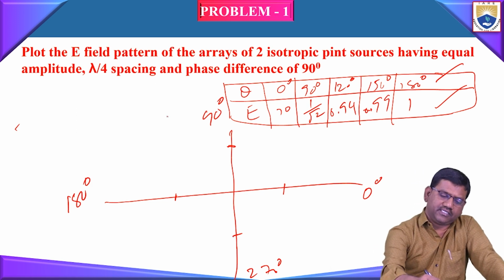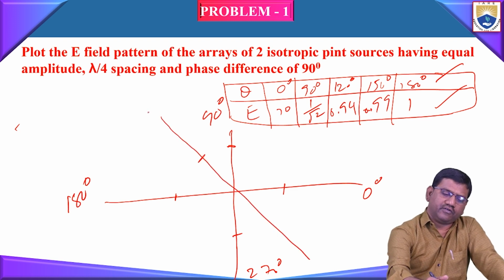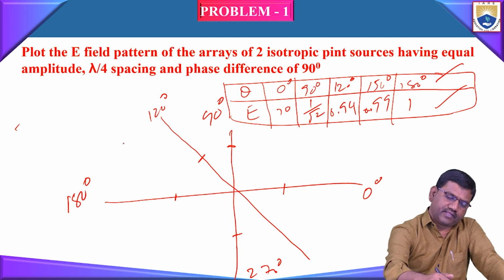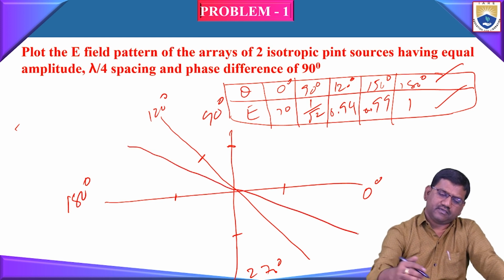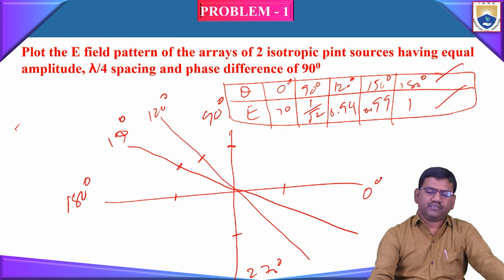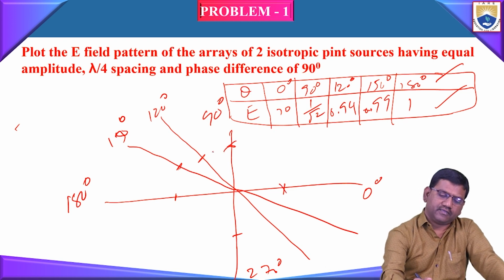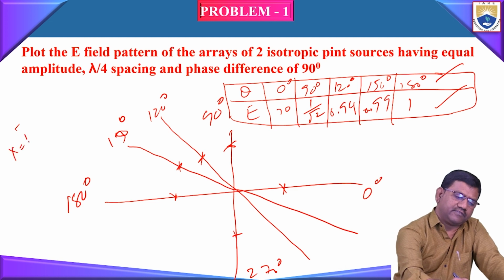This is 120 degrees and this is 150 degrees. Let us assume all these cross points indicate 1 unit, equal to 1 centimeter.